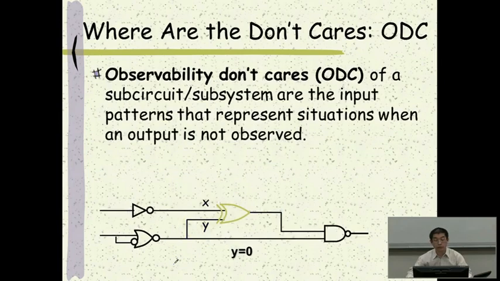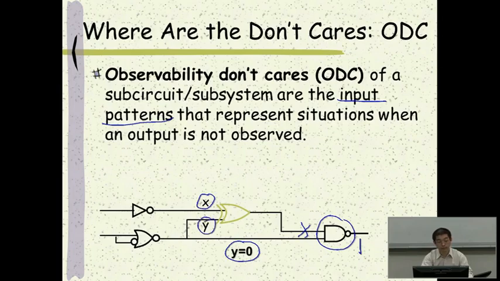Another source of don't cares is called observability don't cares. These are the input combinations or input patterns that will not affect the output. Let's think of this case. Y will be 0. When y is 0, this NAND gate will always give a 1, regardless of the value from this link, which means I don't really care what the value is here.